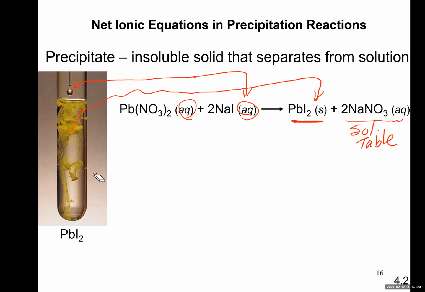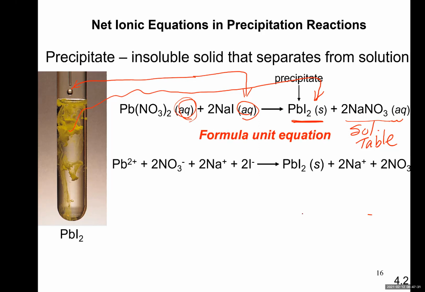For example, if lead nitrate is water soluble, it really means that lead nitrate breaks down in water to its counter ions, which are Pb2+, positive charge, and NO3-, negative charge.